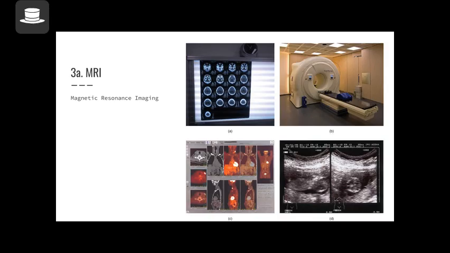More importantly, when radio waves are sent to the brain parts, the aligned hydrogen protons from the specific parts get knocked off, and when the radio waves are withdrawn, they realign to the magnetic field. There's a difference in the alignment. Some parts of the brain are harder, some parts are softer.